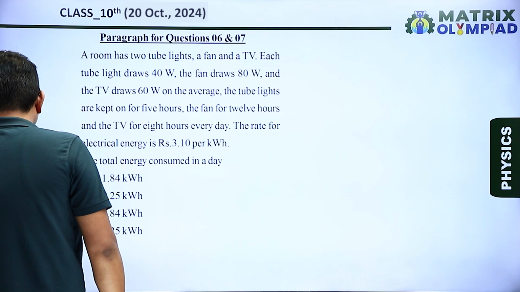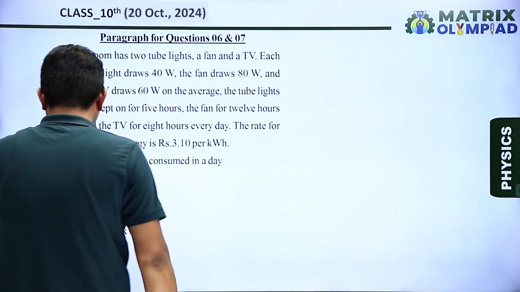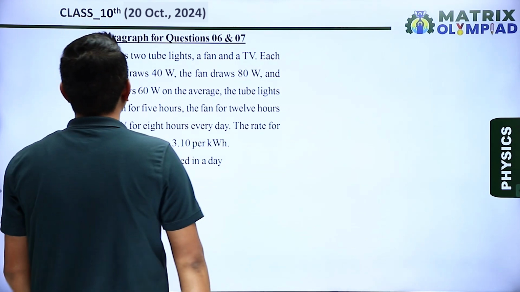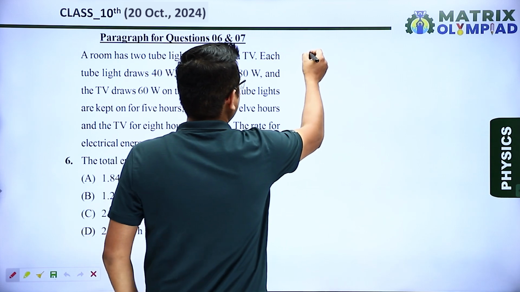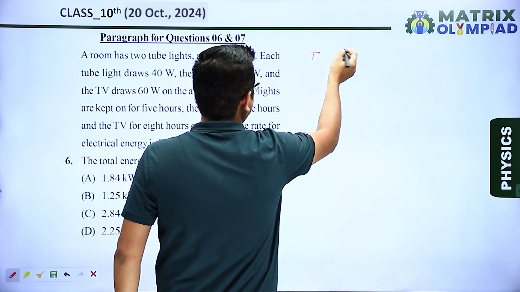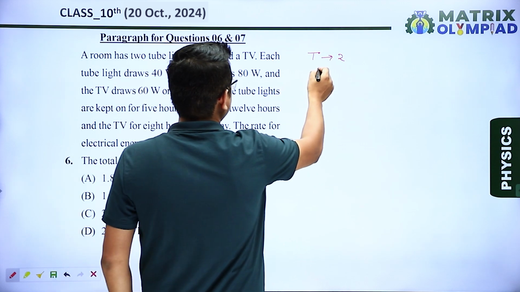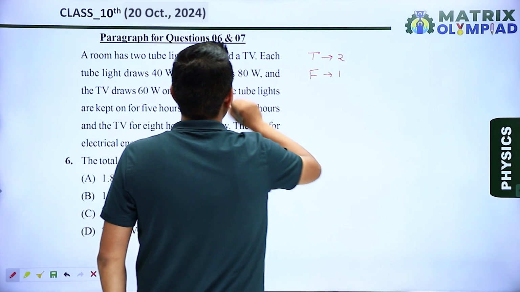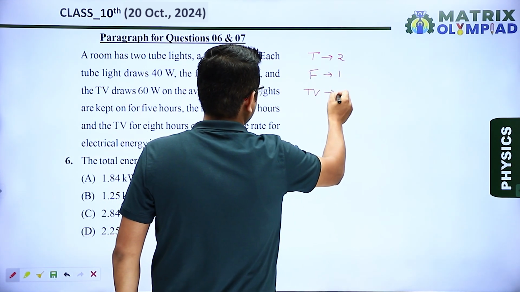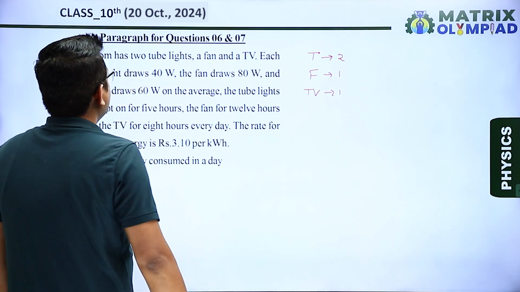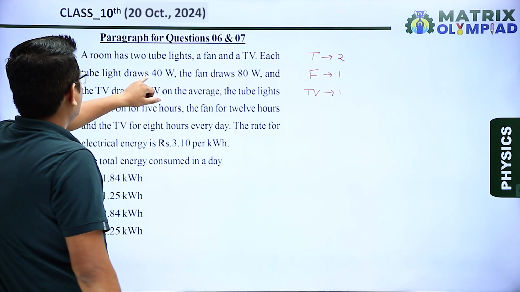Next question, which is based on a paragraph. So let us read this paragraph. A room has 2 tube lights. So we are having tube lights, how many? 2. And a fan, so fan is 1. And a TV, that means TV is also 1. Each tube light draws 40 watt.